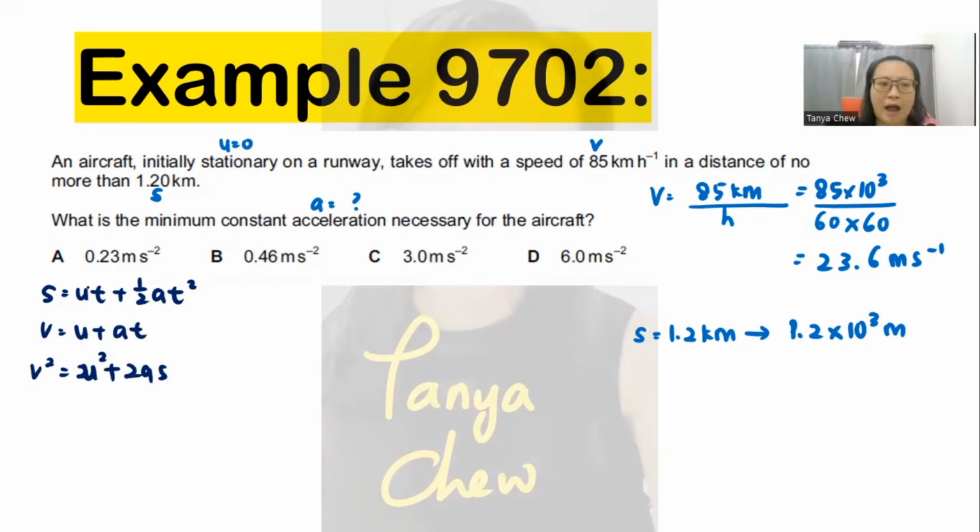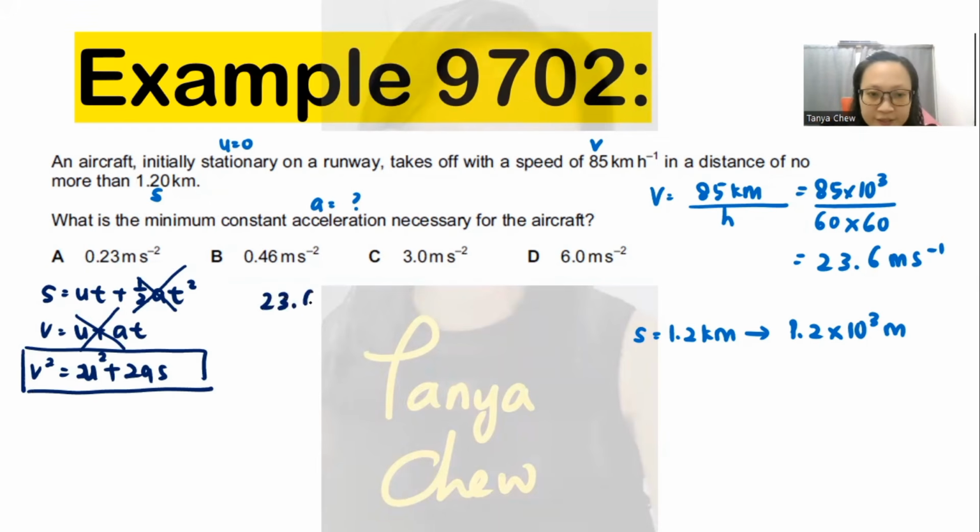So now I cannot use the first equation because the time is not given. So I rule this out. I cannot use the second equation because time is not given as well. So therefore, I am going to use the third equation. So v squared: 23.6 squared equals u is 0 squared plus 2a, and the distance is 1.2 times 10 to the power of 3.